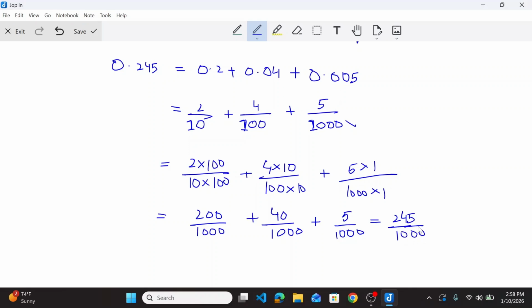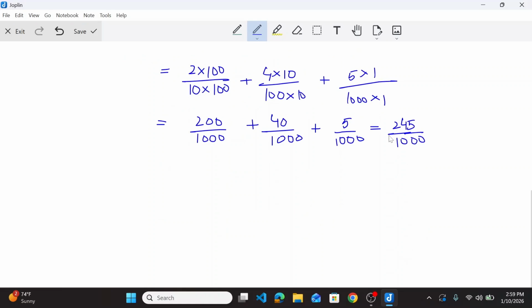So it's in the fraction now. Now we want to convert this 245 divided by 1000 into the simplest form. So we want the HCF, highest common factor, of 245 and 1000, both numbers.